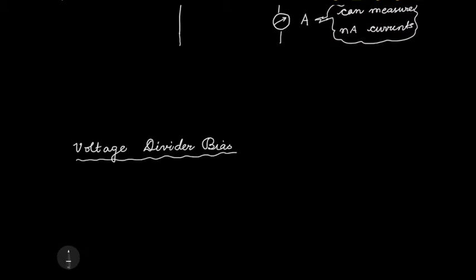So what you want to do is use a battery. Say I have a battery like this. A battery is a collection of cells. There is a certain voltage across the battery, let's call it V0. So the total voltage of the battery is V0.